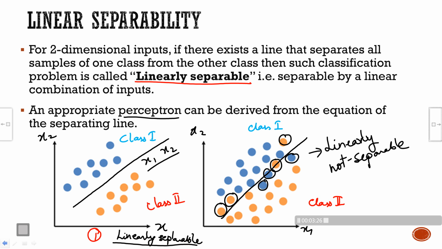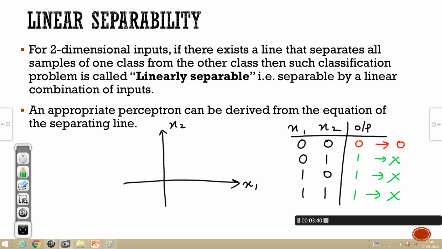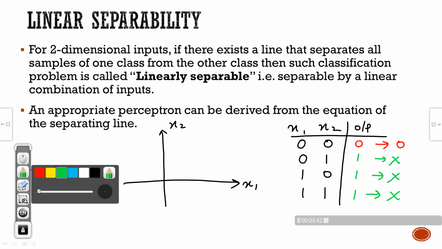Now I shall take an example of an OR gate. If you consider an OR gate, the truth table is shown. When the input is 0, 0, the output is 0, and otherwise the output is 1.